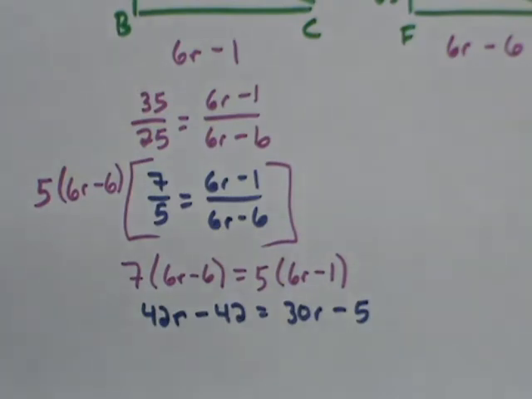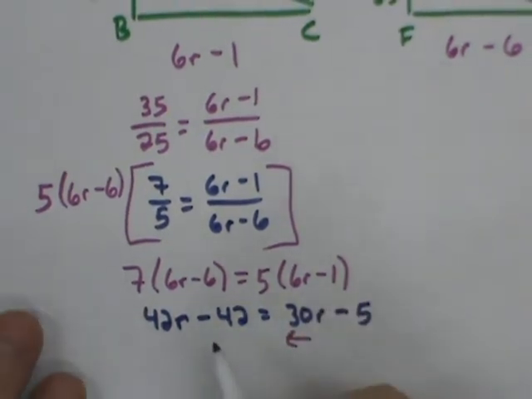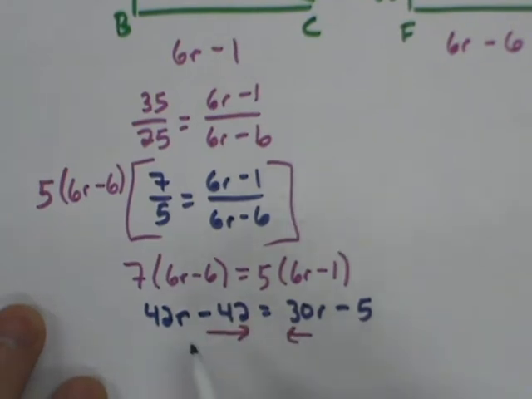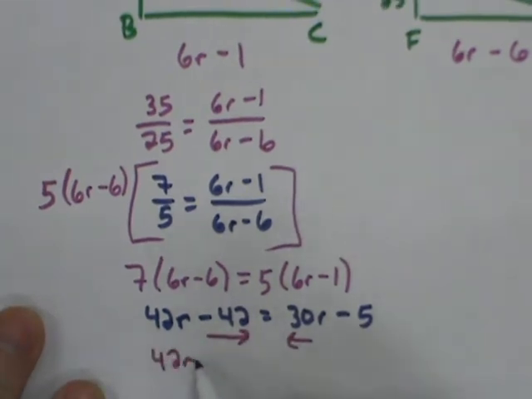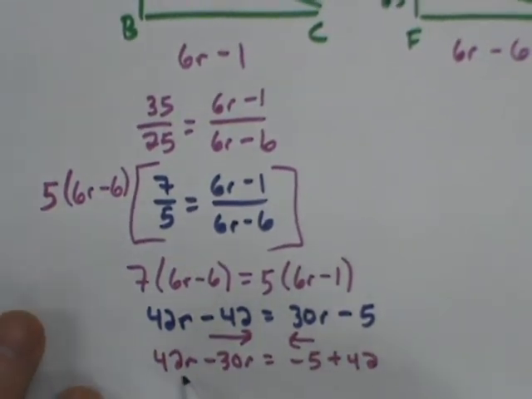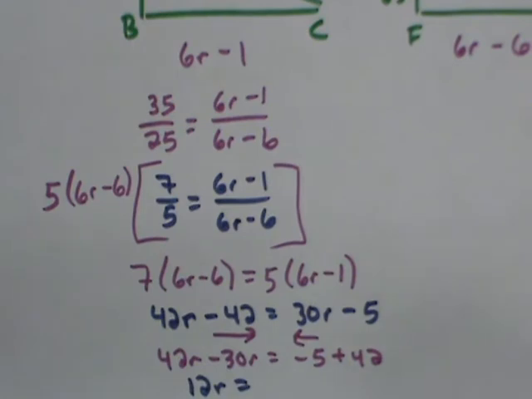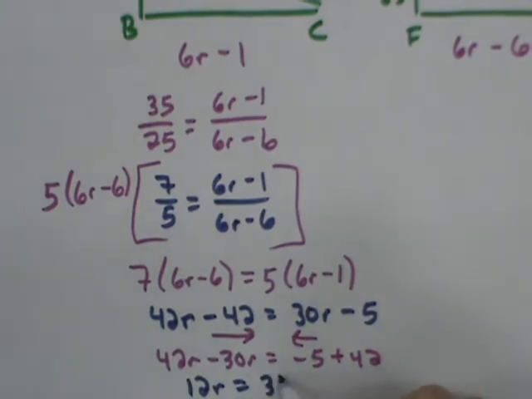As I move my terms appropriately, I'm going to move this 30R to the left, 42 to the right. I could write this as 42R minus 30R equals negative 5 plus 42. 42R, take away 30R is 12R. And negative 5 plus 42 would be 37.